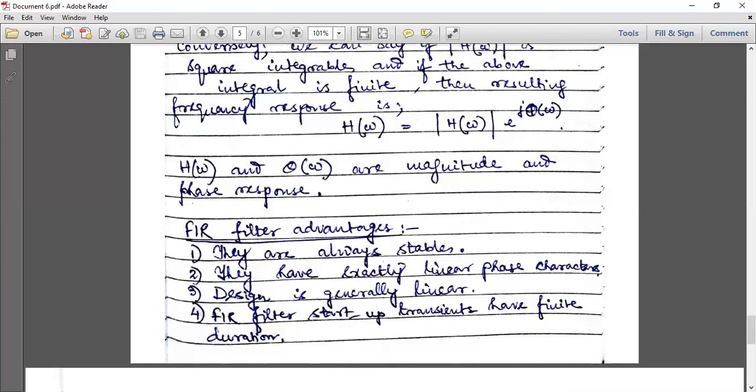Moreover, the implementation of narrow transition band FIR filters is very costly.